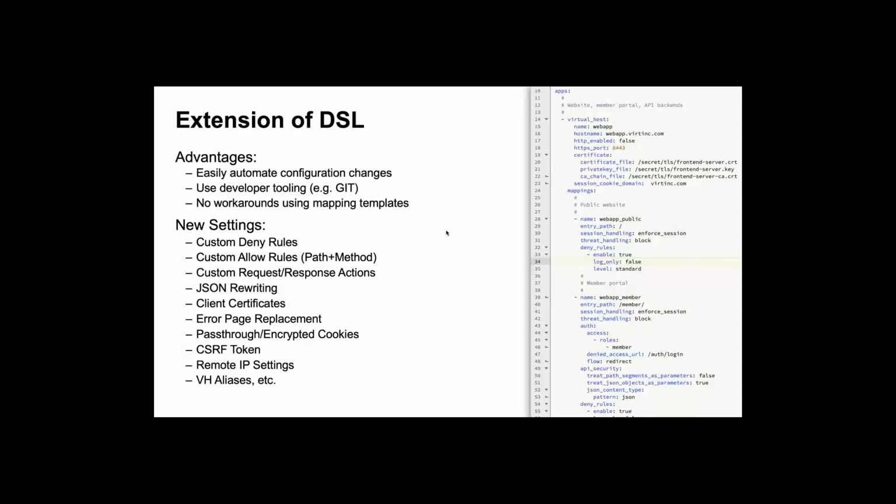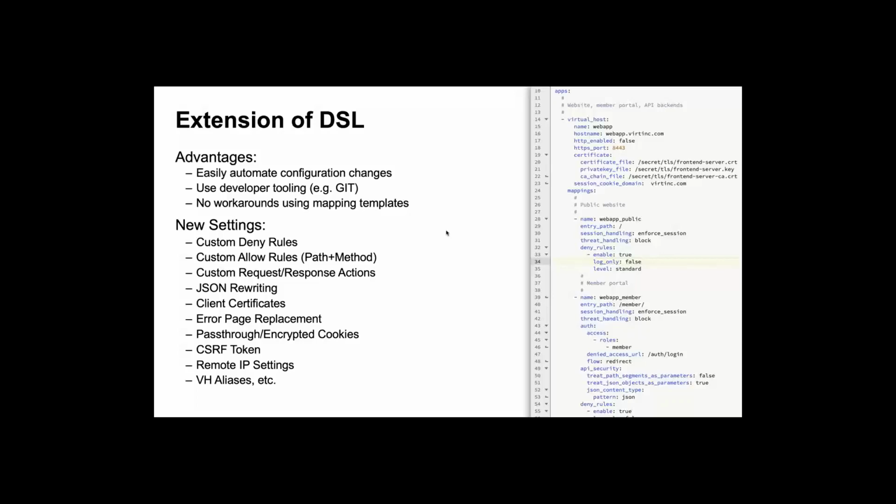If you're doing DevOps and continuous deployment, you need an automated way of changing configurations. And this YAML file is exactly used for that. So you can use GitOps, you can check in a patch very easily, you can merge different configuration files.